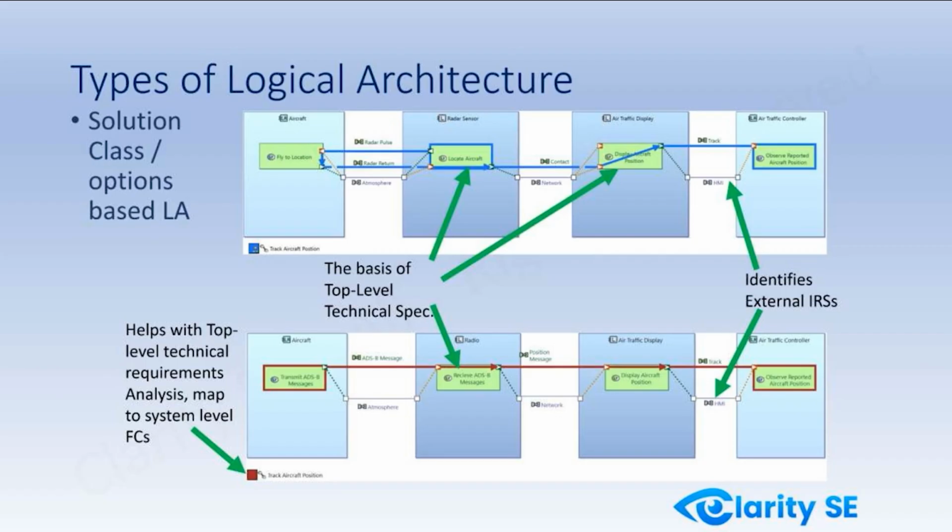The functional chains help us map through how the technical solution will actually achieve the desired top-level requirement. So we can see that here we've used the same components that come with the logical architecture in Arcadia, but we've used them for totally different things, and they represent totally different things.